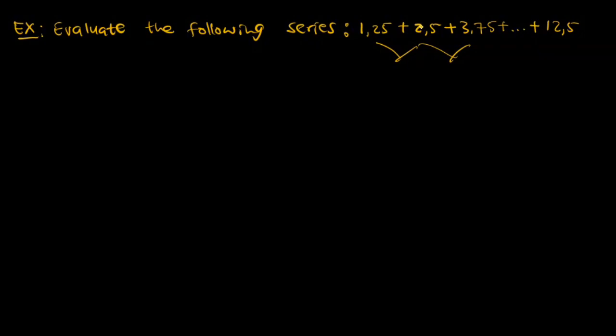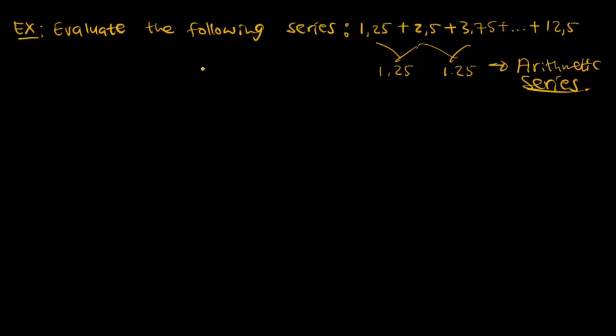So 2.5 minus 1.25. This will give me 1.25, right? 3.75 minus 2.5. This will give me 1.25. Therefore, this is an arithmetic series.